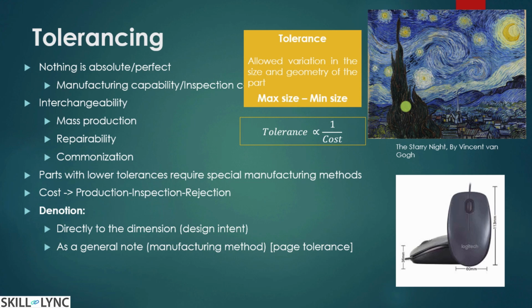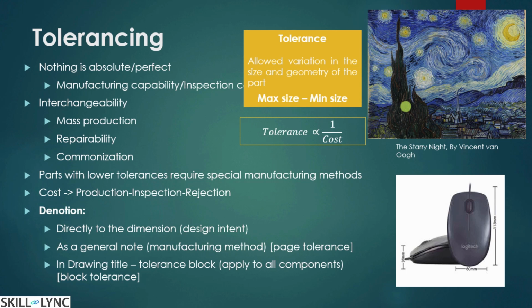Next, it can also be denoted as a general note, a manufacturing method applied to the entire page. It's a general note stating that all the components produced in that page, in that drawing, have to comply with a certain tolerance band. So it's a global tolerance applied to that page. Alternatively, you can also specify it in the drawing title or in the tolerance block.